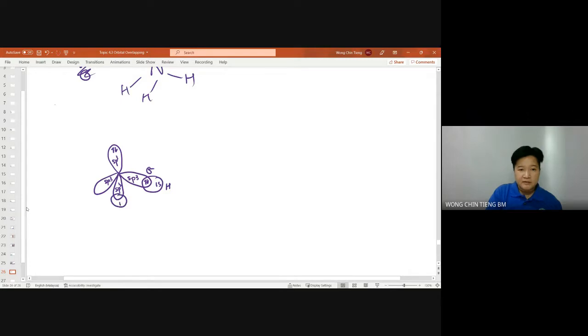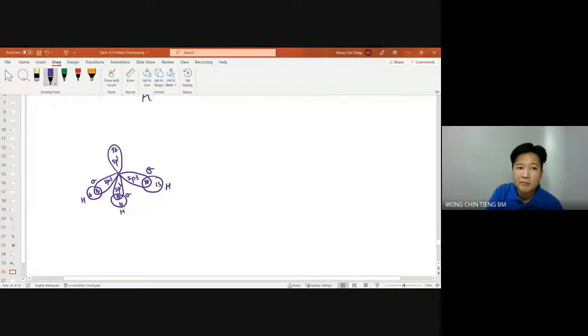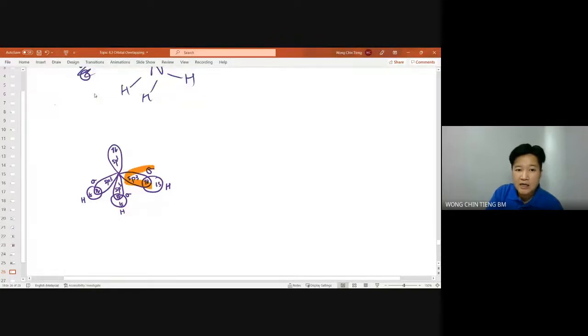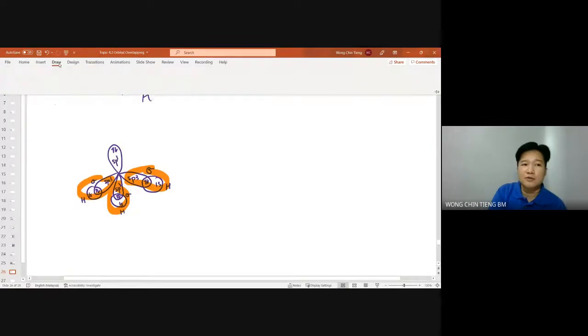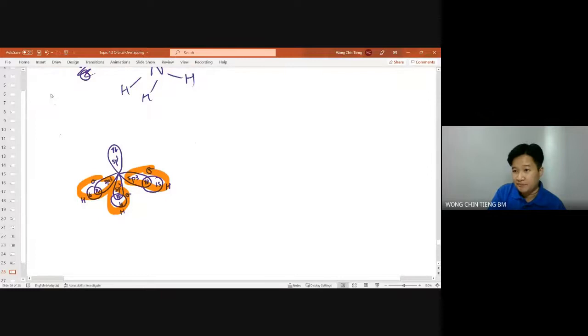Lukisan buruk seperti biasa. Kalau semua benda overlap sama, nampak tak? Semua benda overlap dengan orang yang sama. Cara yang senang nak tulis, tak payah repeat 3 kali.